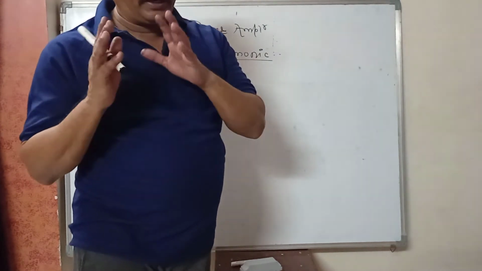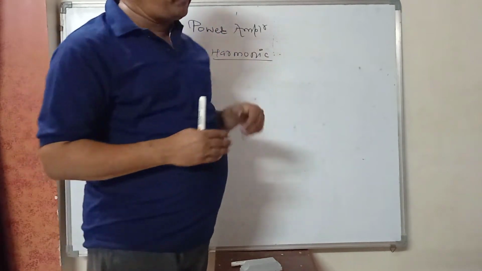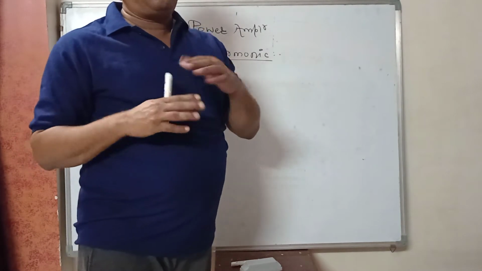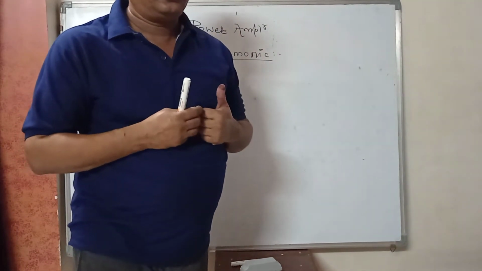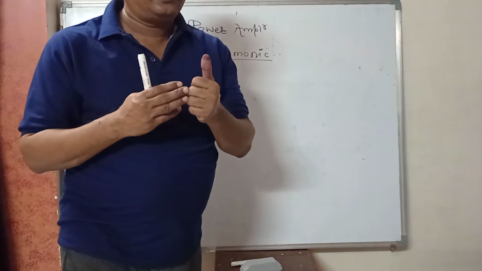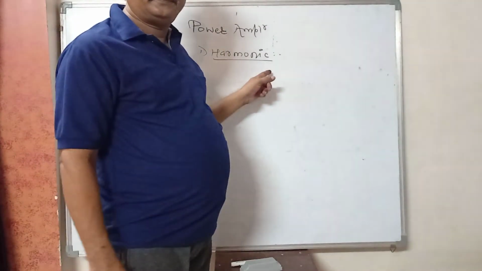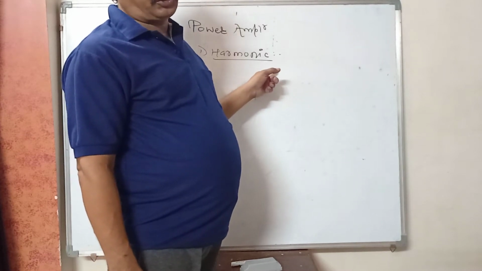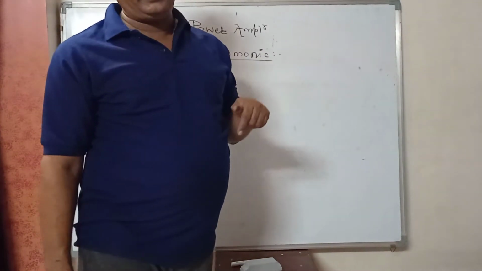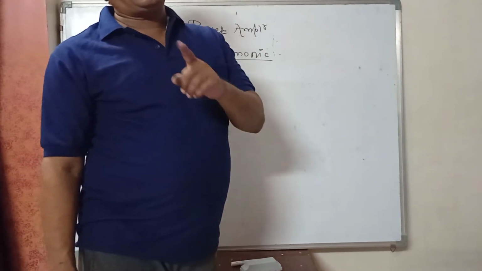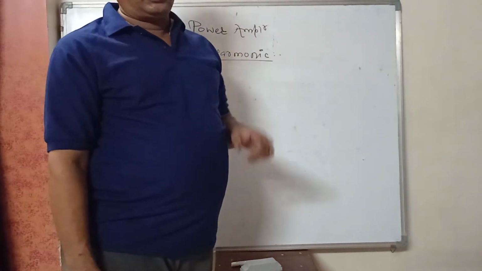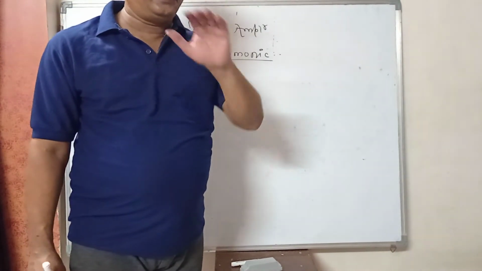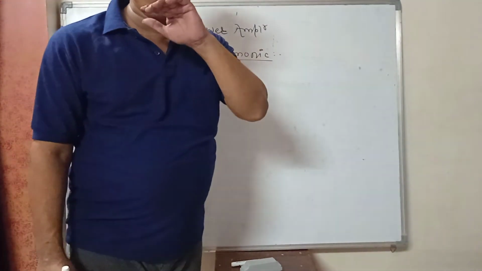We have applied some input and we are getting some output, and if in output we get some new frequencies which are not there in the input, these new frequencies are known as harmonics. So harmonic distortion means output contains new frequencies which are not available in the input signal. Those new frequencies are known as harmonics, and the frequencies are generated in integer multiple of fundamental frequency.